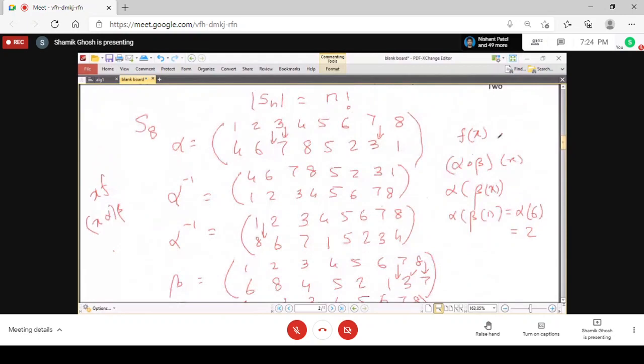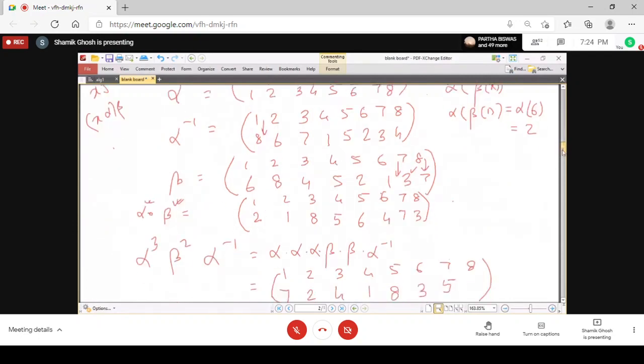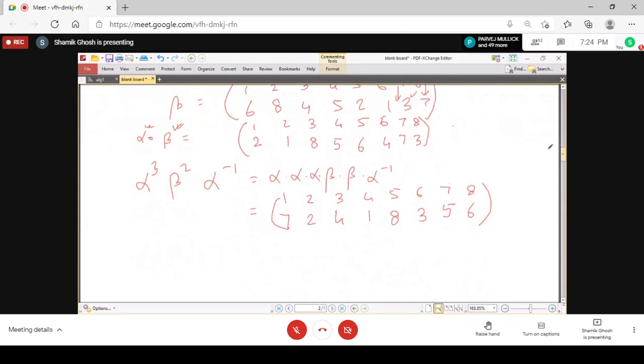Now 2 to 6, 6 to 2, and 2 to 6. So you have 6 here. So this is the composition of alpha cube, beta square, alpha inverse. What you have to do is start from the rightmost one, and then operate on the element repeatedly under this sequence, alpha, beta and alpha inverse. And then finally this composition is this one.